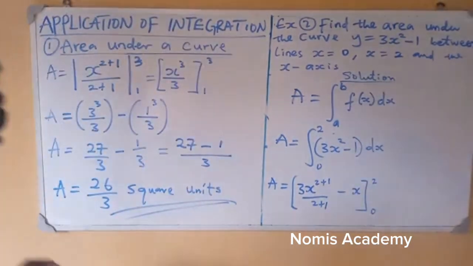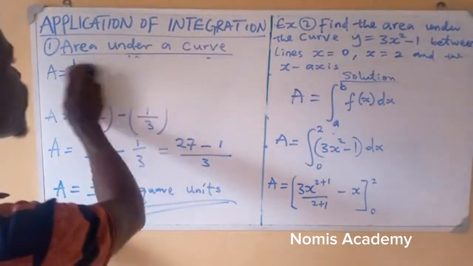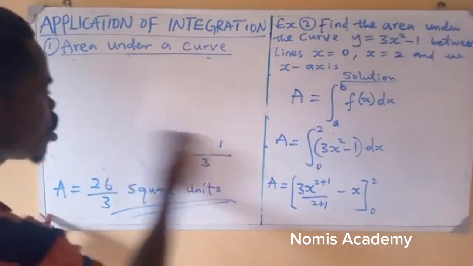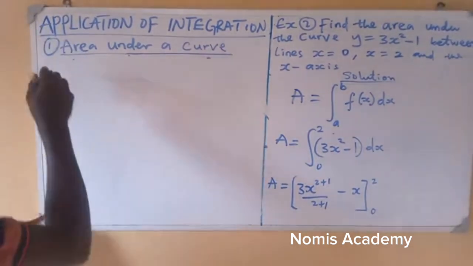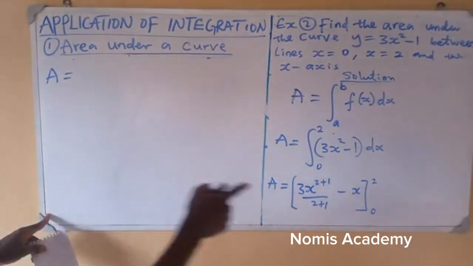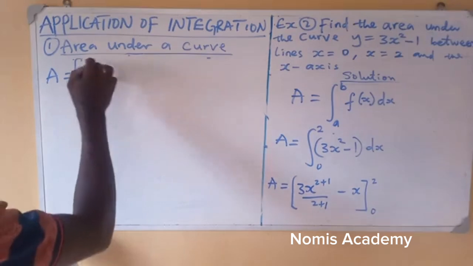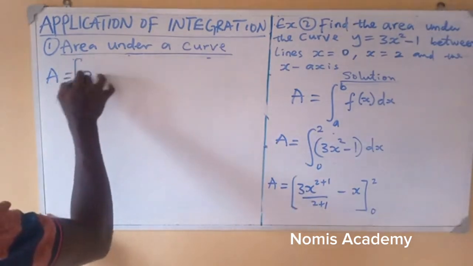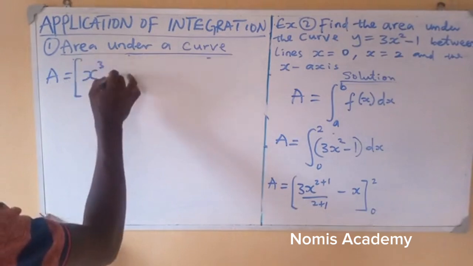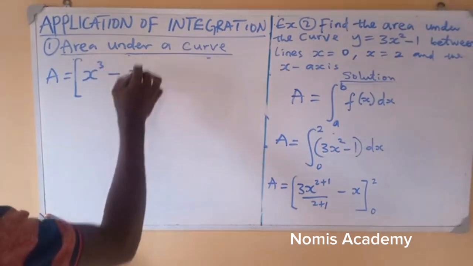Okay, so let's clean the other side and finish up with the solution. Alright, the area is equal to, 3 cancels 3, so we have x raised to the power of 3 minus x.